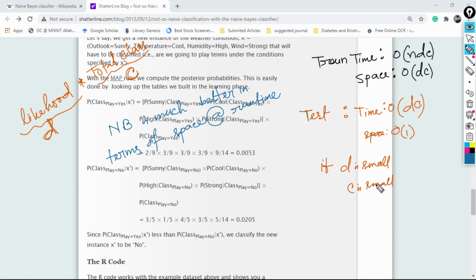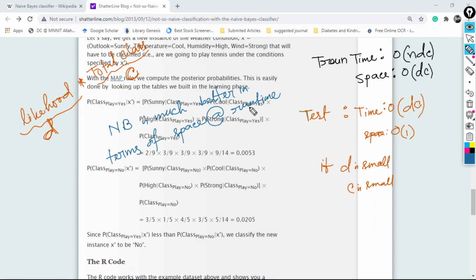If D and C are very small, then our space is not a concern. Actually the main thing is the number of data points, and here we have not included the number of data points, so this is very low.